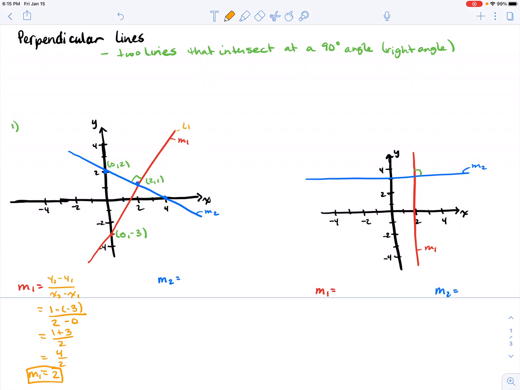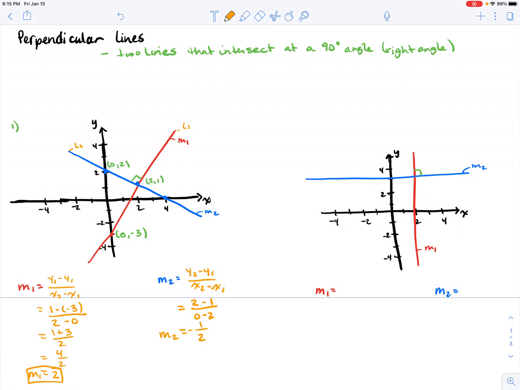Let's look at the slope for line 2. Here's line 2. So M2, again, y2 minus y1 over x2 minus x1. I have, using my points, 2 minus 1 divided by 0 minus 2, which is equal to negative 1 over 2.